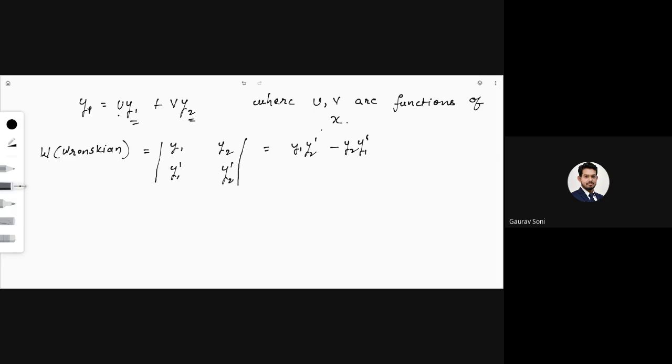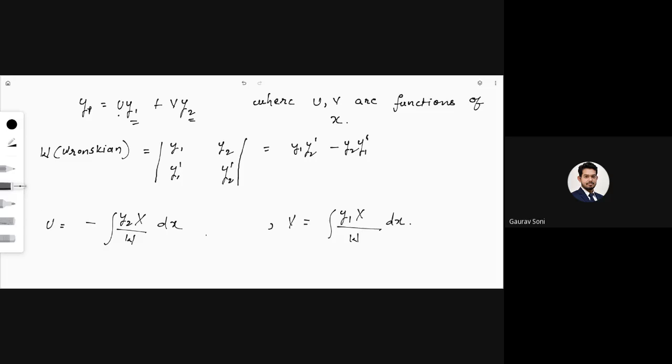Once we get the Wronskian, u will be given by minus integration of y2 into X divided by Wronskian dx, and v will be given by integration of y1 into X upon Wronskian into dx.